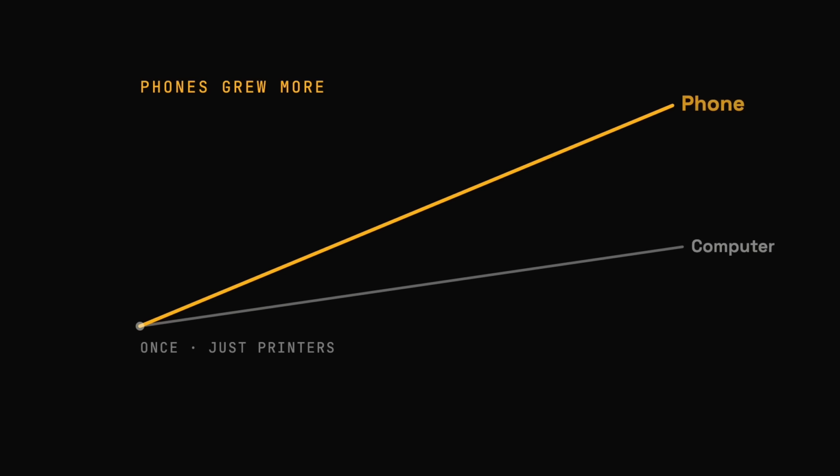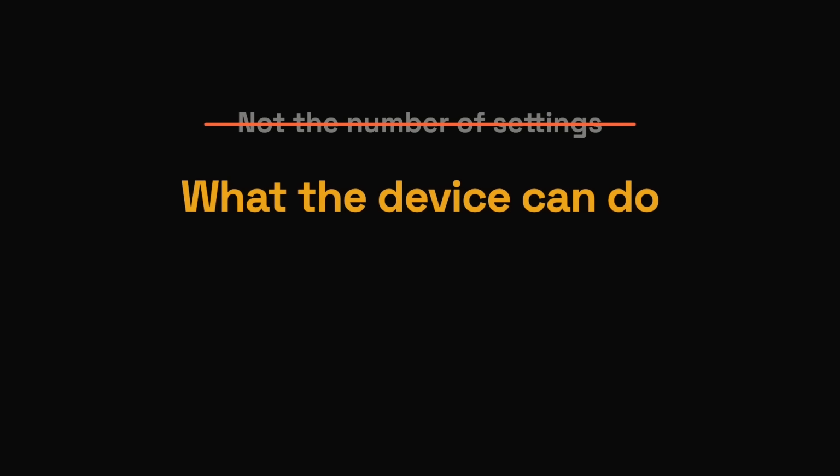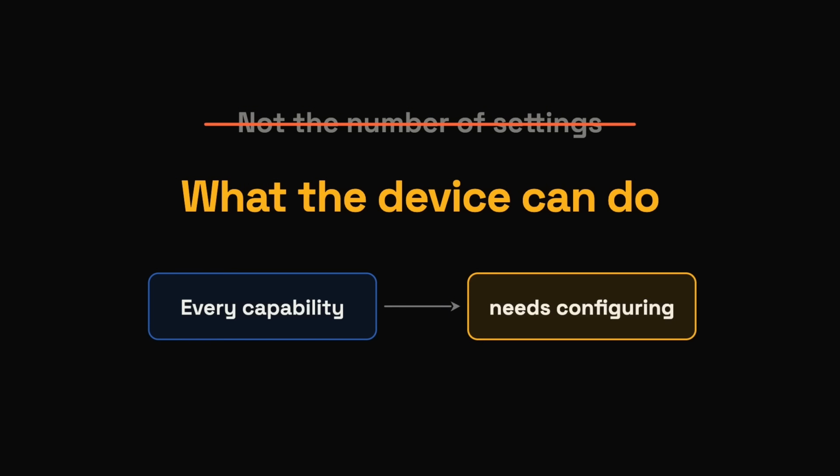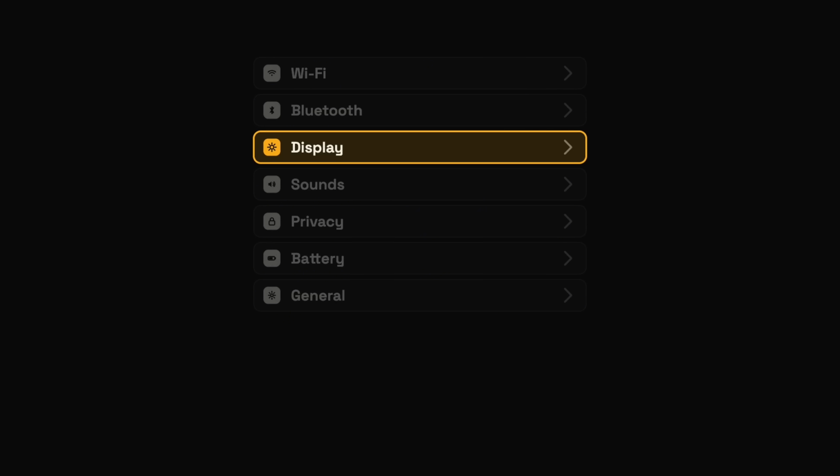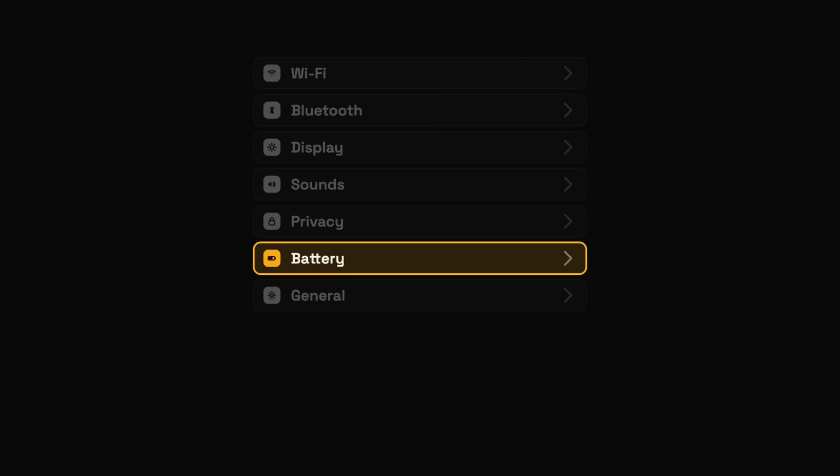But phones themselves grew much more than computers. It's no longer about just controlling printers. The issue then is not just about the number of settings. It's about what these devices are capable of and the fact that every single thing that this device can do needs configuration. The problem is, in our current interfaces, that these settings can be only read one line at a time.